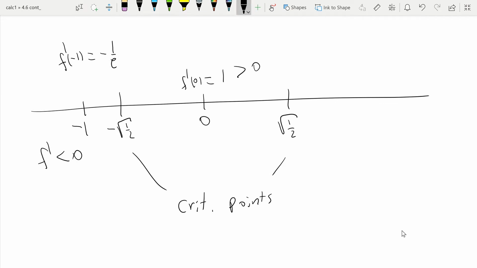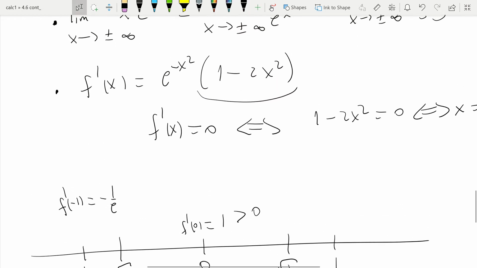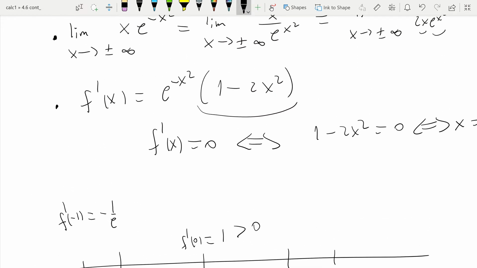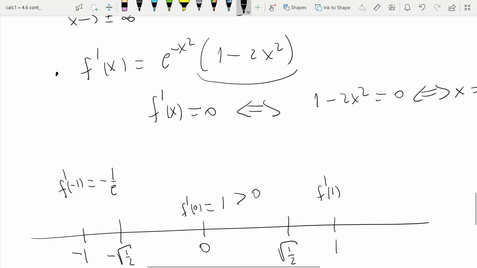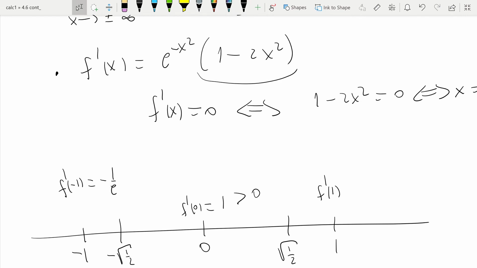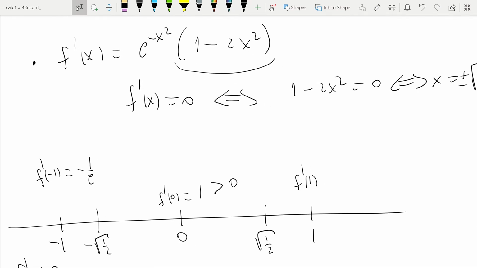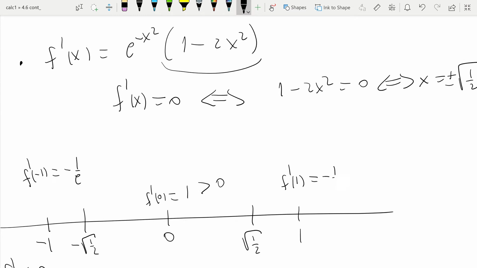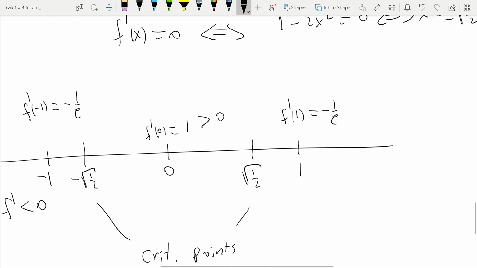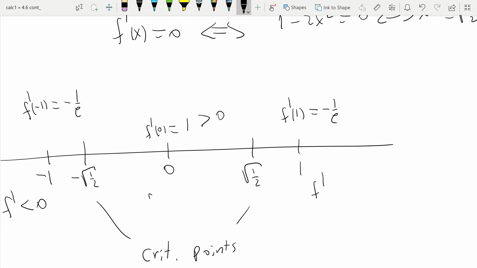Then we choose another test point, say 1, and f prime of 1 will be exactly the same as f prime of minus 1 because the derivative is even, because we have these x squares. So f prime at 1 is going to be minus 1 over e, which is again negative. So f prime becomes negative again.